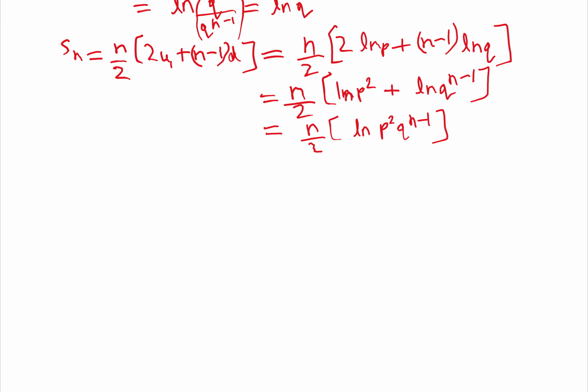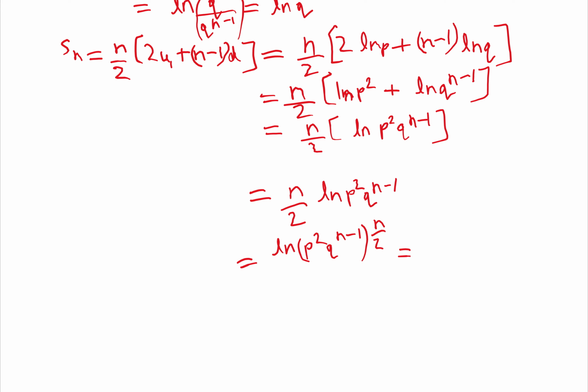So now what we can do is we can raise, this is just n upon 2 ln of p squared q to the power n minus 1. So we can bring n upon 2 as a power, ln of p squared q to the power n minus 1, whole to the power n upon 2.